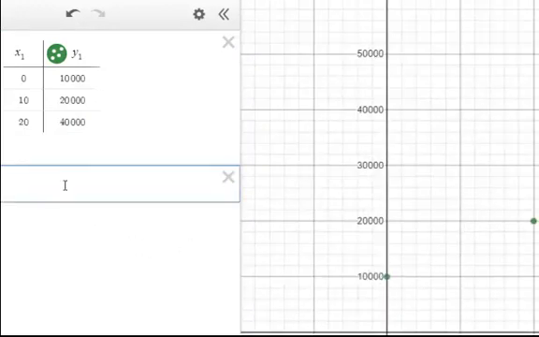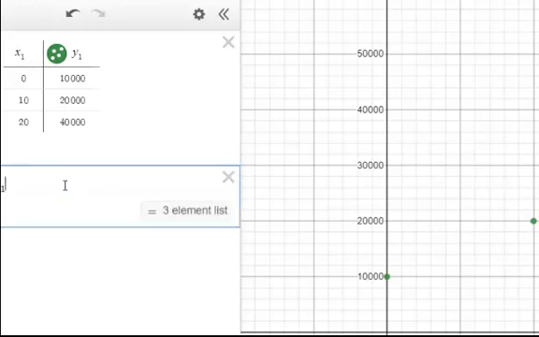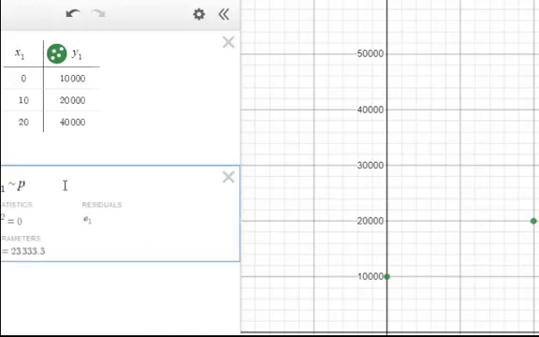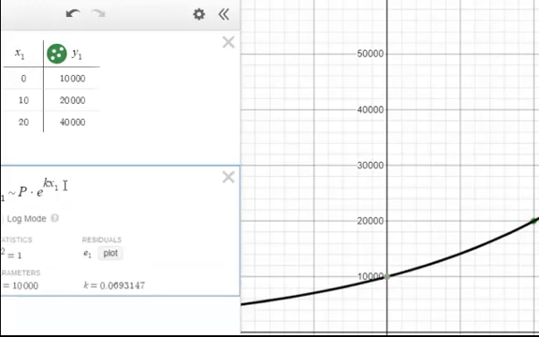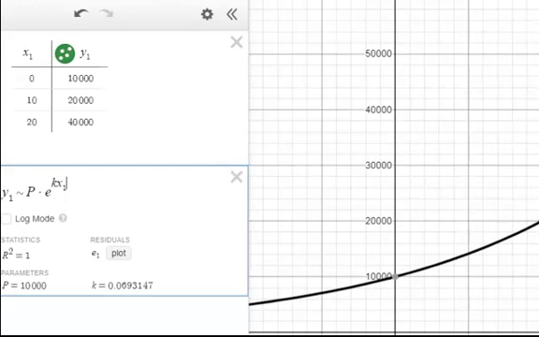I already know how it looks, so I'm going to have y1 proportional to an initial population. I think I just call it P, capital P, times e to the kt, in this case x1. And there we go. We just saw that k itself here, I'm going to push this a little bit over.